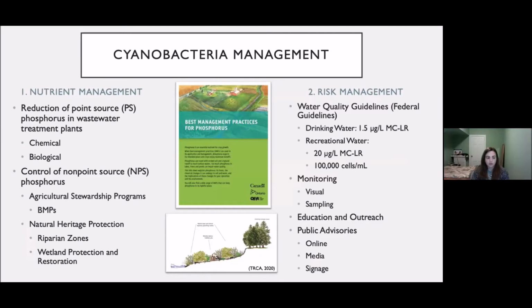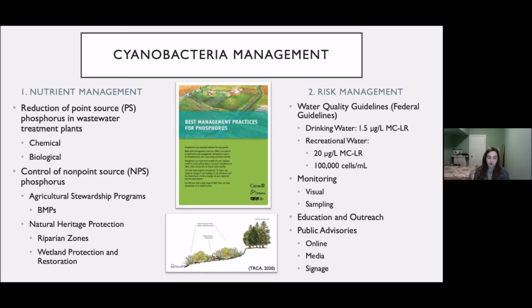And then there are non-point source controls, and this is generally achieved through agricultural stewardship programs, through the use of best management practices. This is the idea that if we manage how or where we apply phosphorus, we can control how nutrient runoff occurs, so we can decrease it.